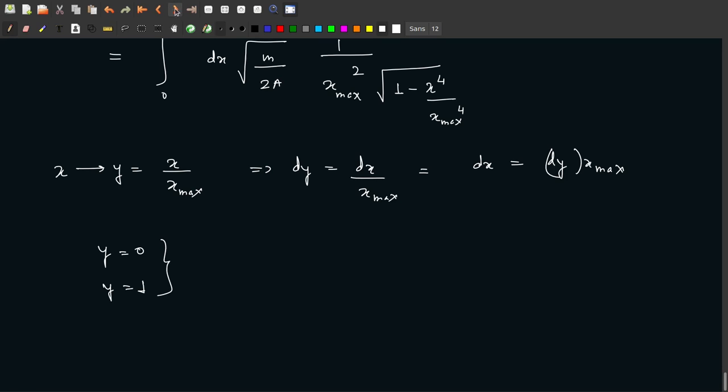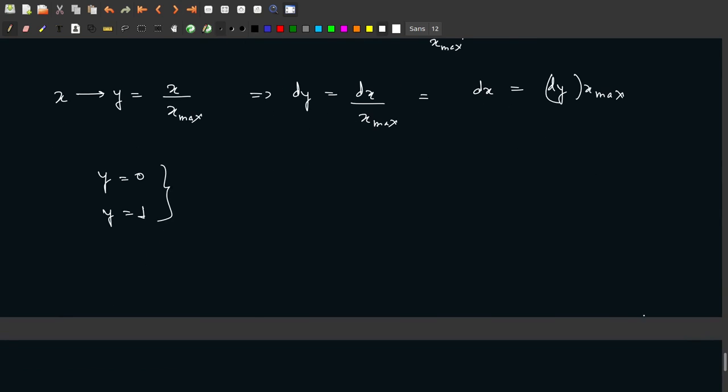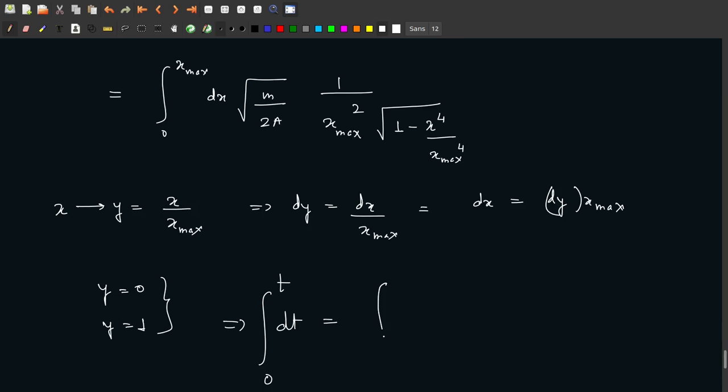So what we have done is that we have just changed the integral by a substitution. t is equal to the integral from 0 to 1 of dy times x max times the square root of m by twice of a, into 1 by x max squared, into 1 divided by the square root of 1 minus y to the power of 4.